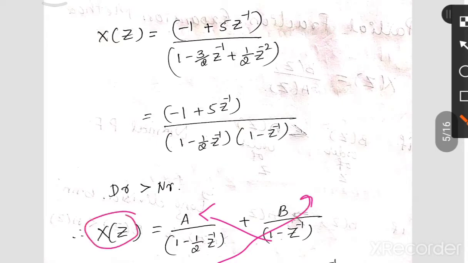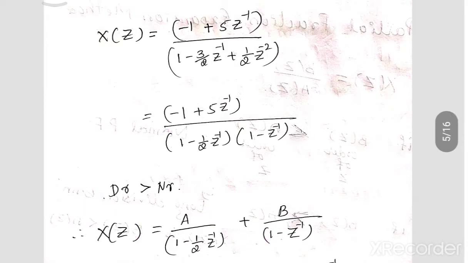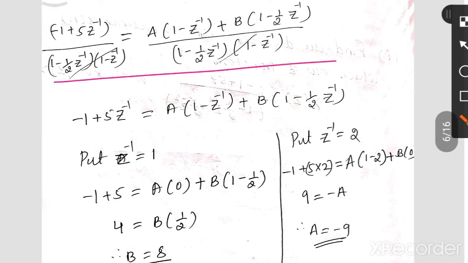X of z you can substitute here, which is this one. Cross multiplied, and then this denominator gets cancelled. In the numerator of the left hand side, it will be minus 1 plus 5 z raised to minus 1 equal to this term.